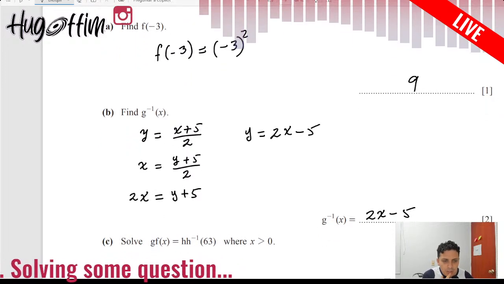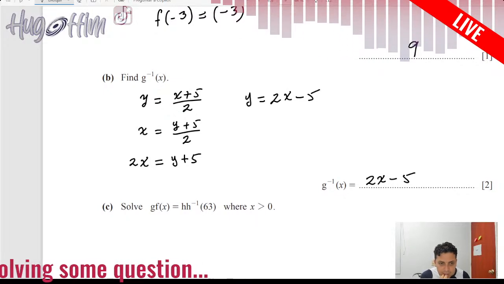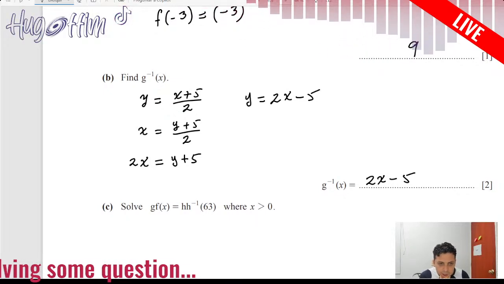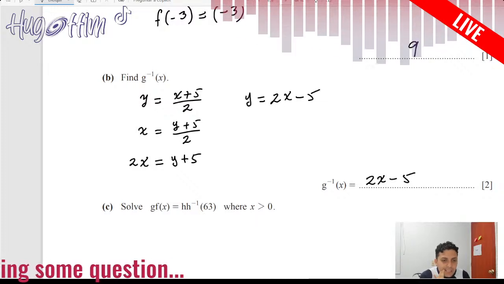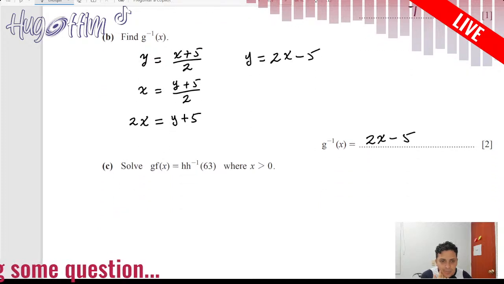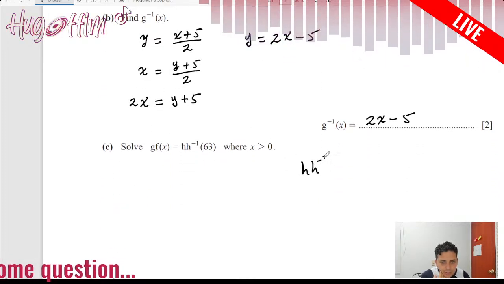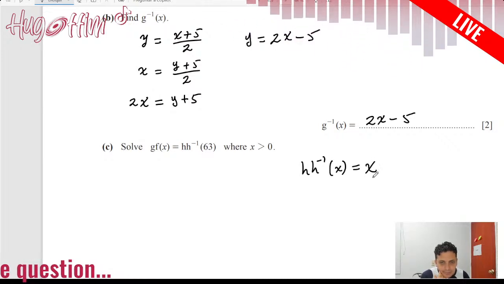It says solve g composite f of x equals h inverse of h 63. Remember that h inverse of h of x should be x.